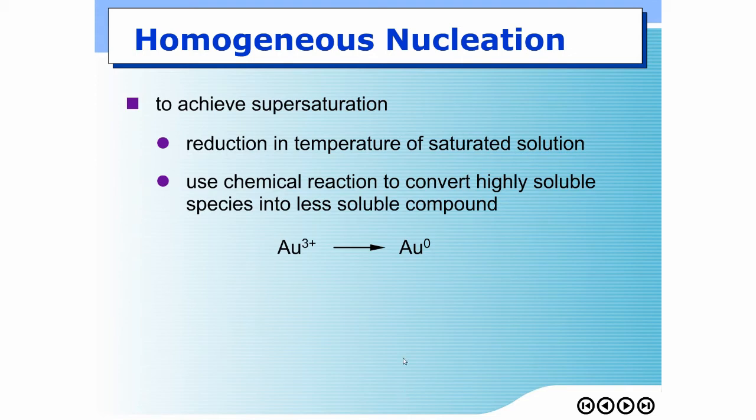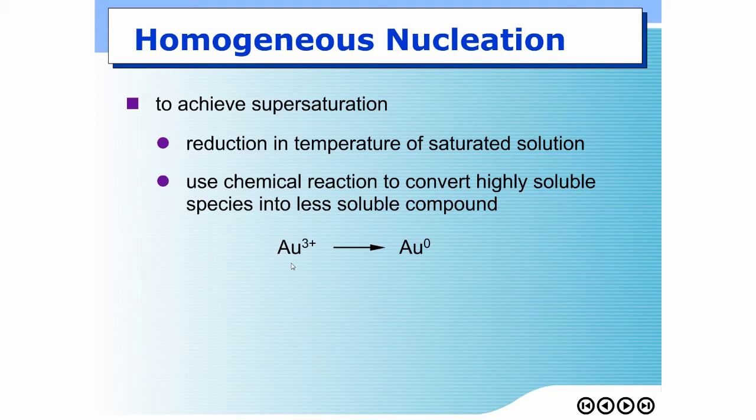For instance, if I have gold 3+, this is an ion. If I do the reduction of the gold ions into gold 0, you can see that gold ion has very high solubility in water. For instance, you can add gold chloride into water.